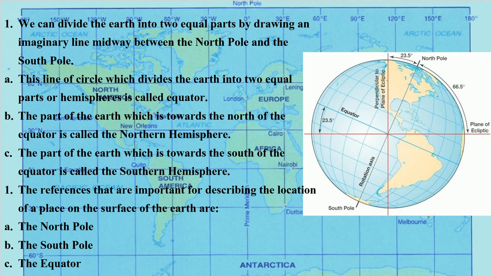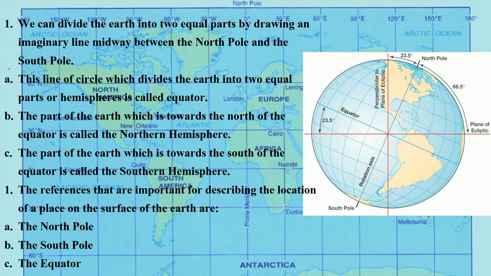The references that are important for describing the location of a place on the surface of the earth are the north pole, the south pole and the equator.